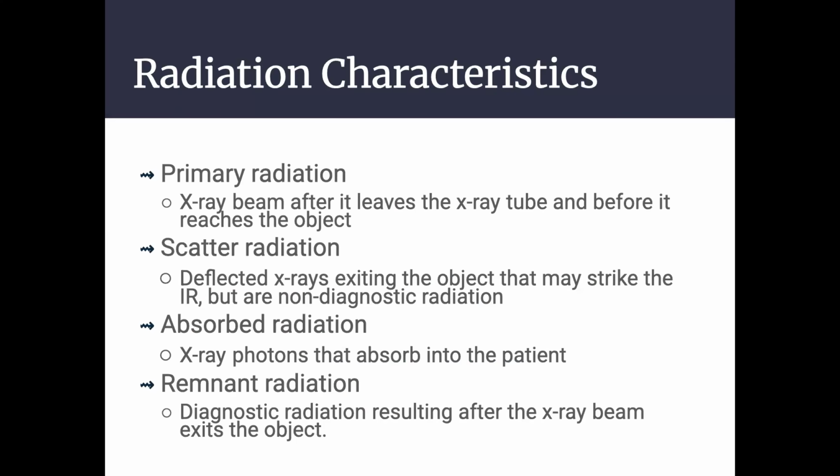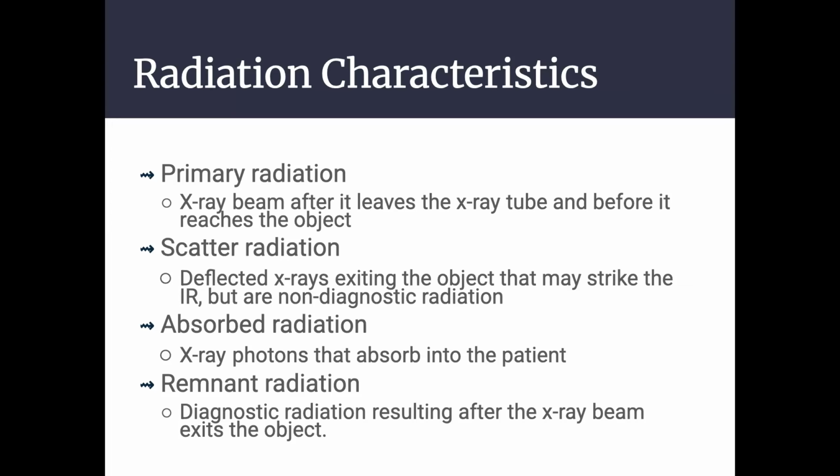And the last one is called remnant radiation. This is also diagnostic radiation. It results after the beam exits the object. So what have we got? We've got two types of diagnostic radiation. We've got absorbed radiation, that's going to make the white areas. And we've got remnant radiation, and that's going to make the black areas, right? So now we have an image.